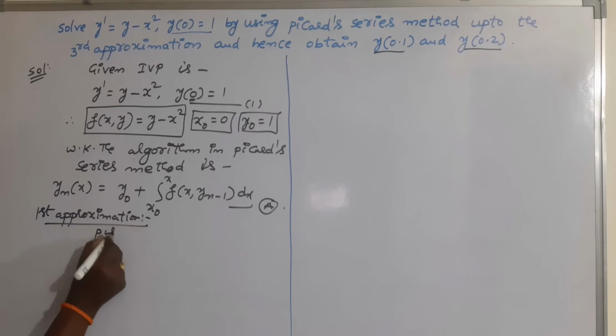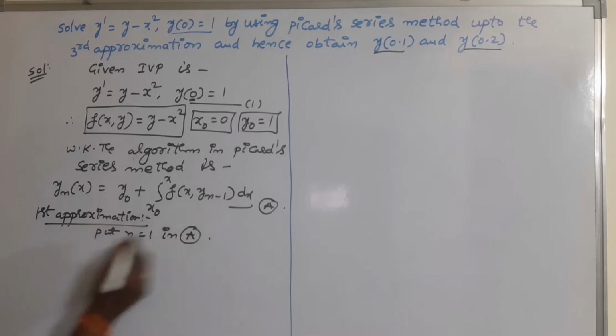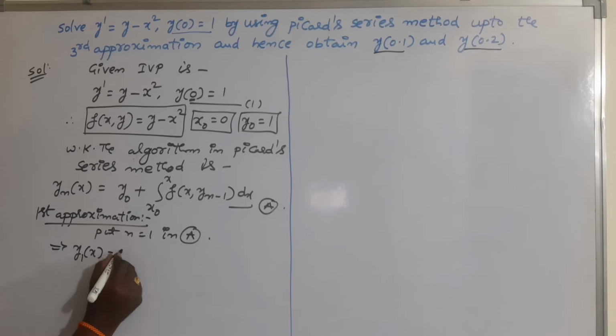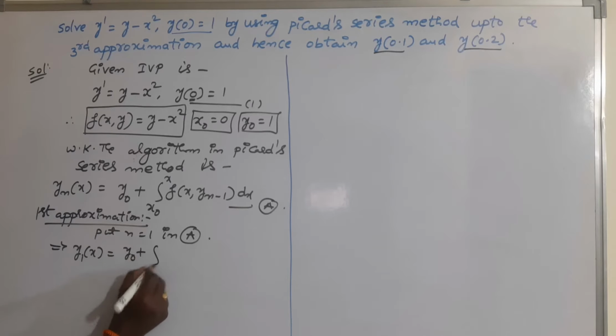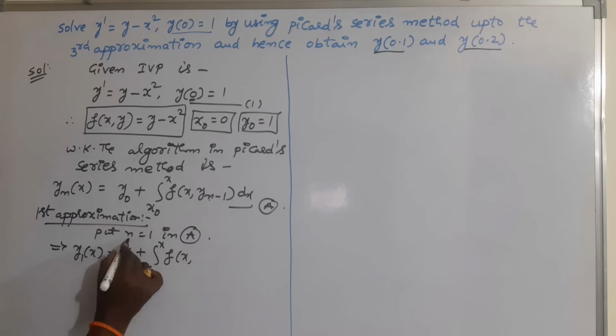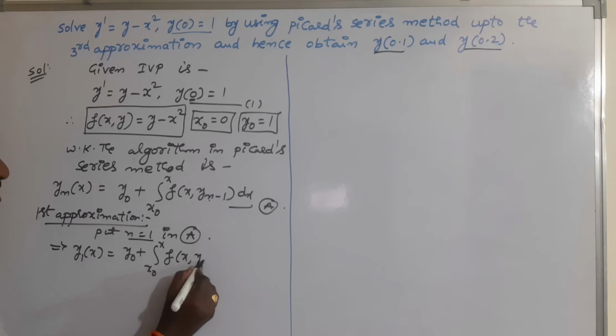So put n is equal to 1 in above algorithm. So you will get y1 of x is equal to y0 plus integral x0 to x f of x comma y suffix 1 minus 1. Whenever we have n, we are replacing by 1. That's why y1 minus 1, which is y0 into dx.